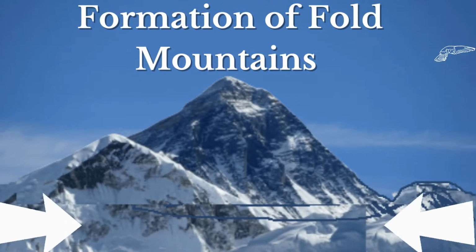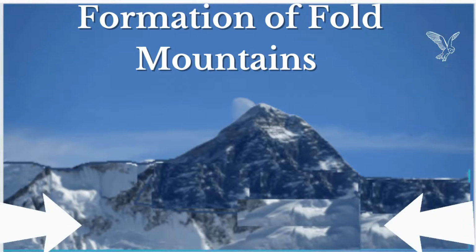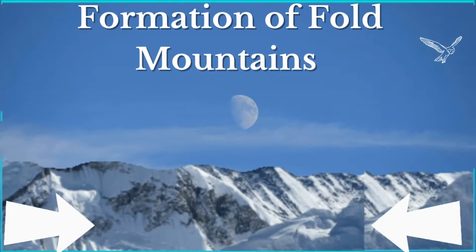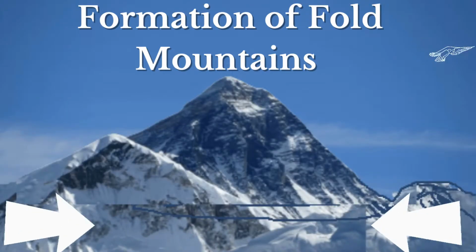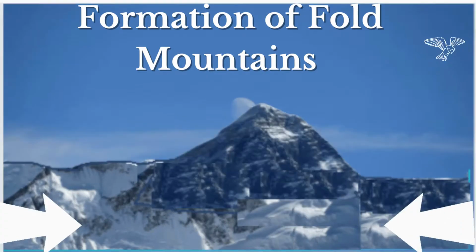Most fold mountains are also associated with sedimentary rocks, which form at the edge of continents after sediments carried over long distances have been deposited, compressed, and cemented together on the seafloor.